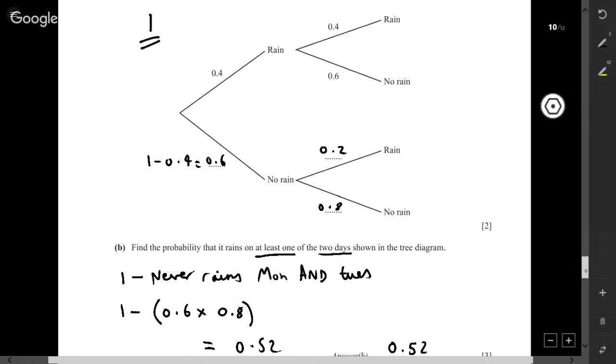So all we have to do is go no rain, 0.6, no rain, 0.8. We're going to multiply these together because it's an 'and'. So it's 1 minus 0.6 times 0.8, which is 0.52. And that is the probability that it will rain on at least one day.